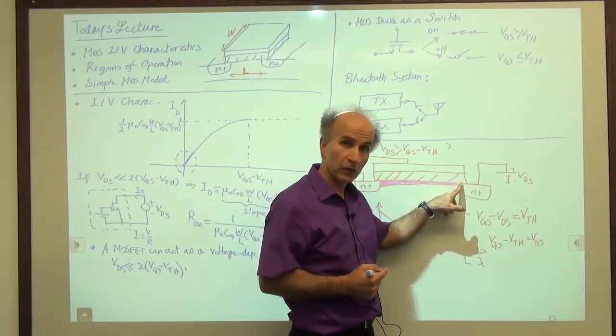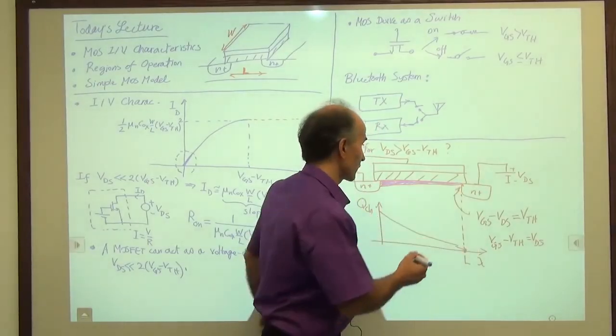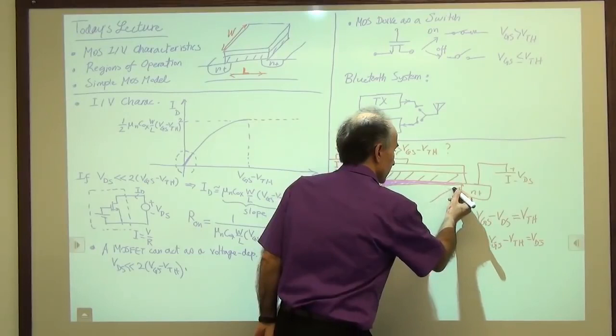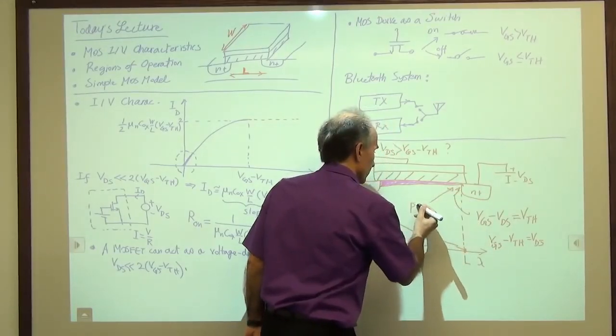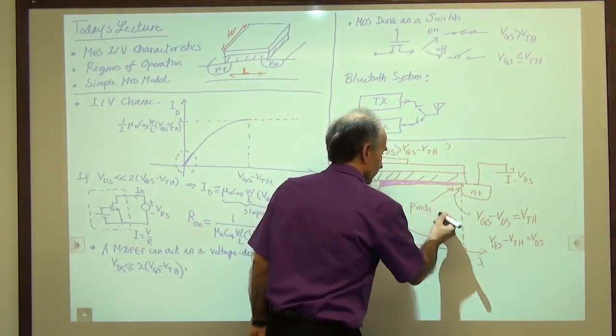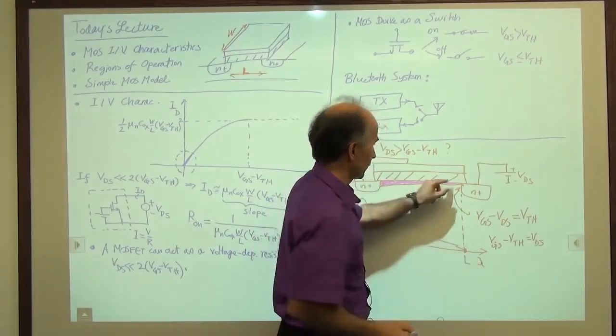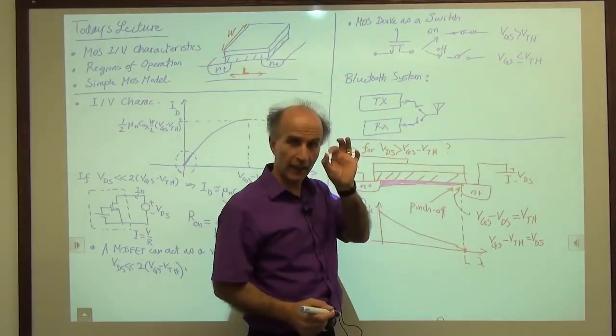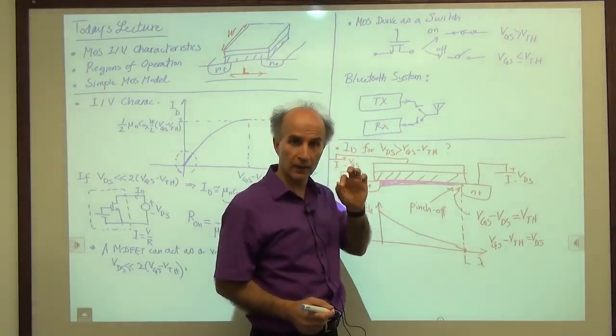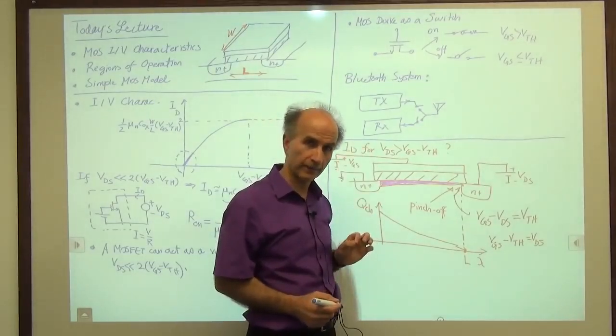The point at which the charge density goes to 0 is called pinch off. So we say this is called pinch off, meaning that the channel is pinched and it has no more charge in it. The charge density is 0.